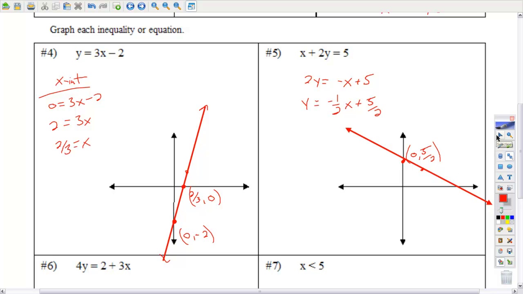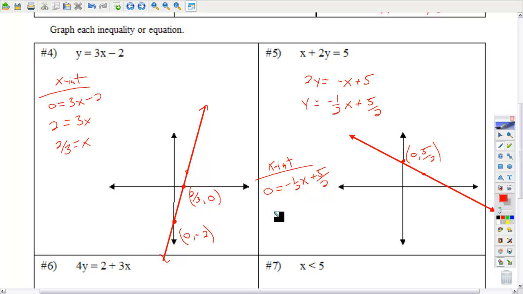Something like this. That point, to put it more to scale, is probably more like so. But the x-intercept, which is what we need because we already have the y-intercept, also known as a root or a zero. Put 0 in for y. Get x by itself.